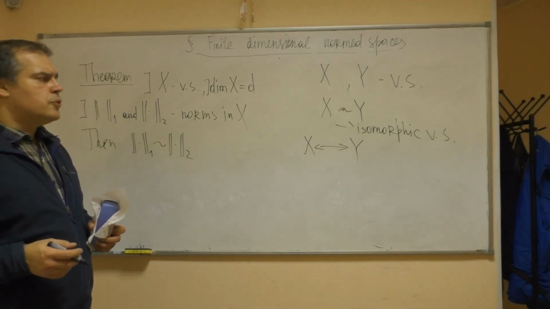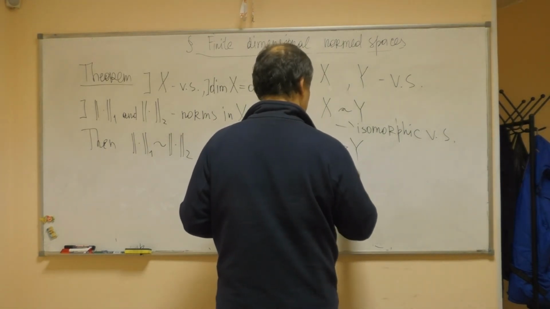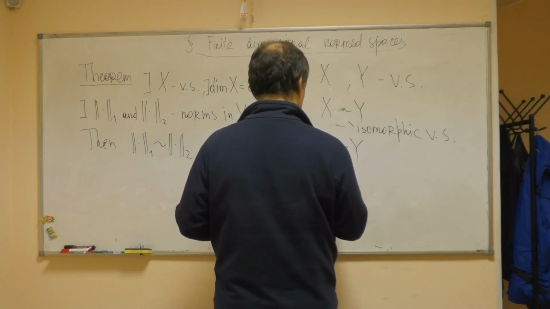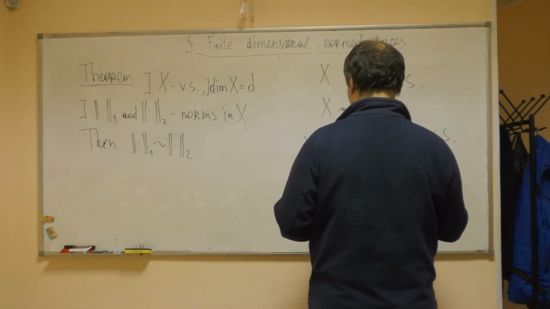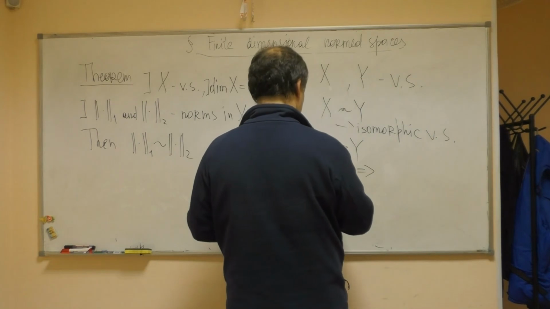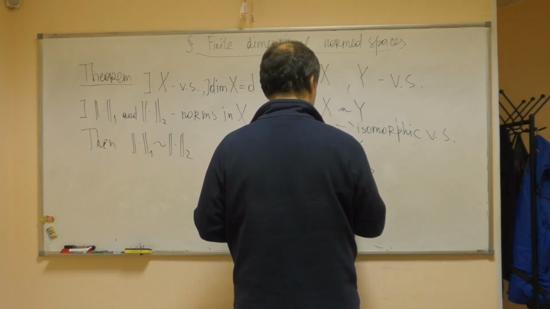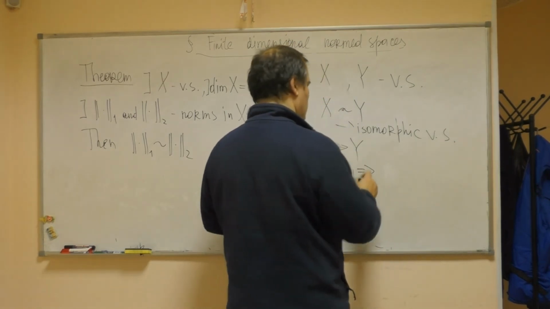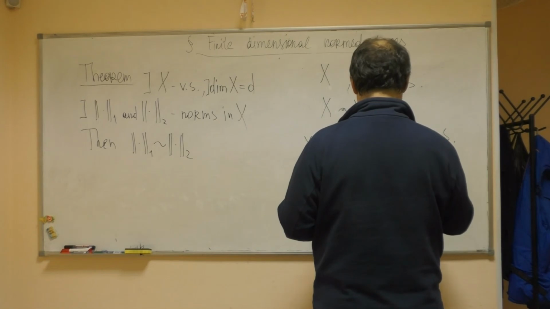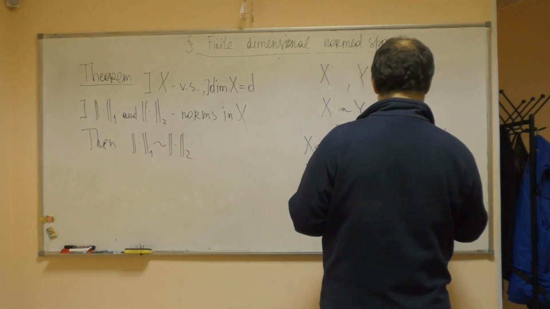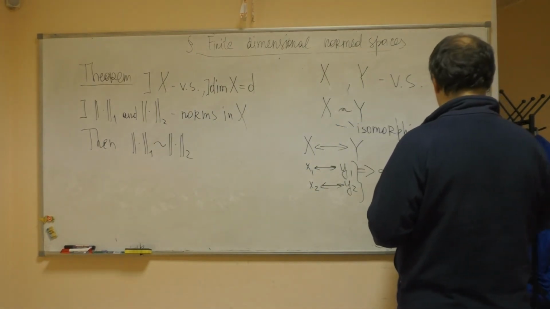And this one-to-one correspondence preserves the linear operation. So if x1 corresponds to y1, x2 corresponds to y2, then alpha 1 x1 plus alpha 2 x2 should correspond to the same linear combination of y.